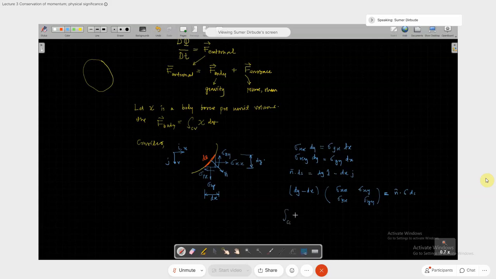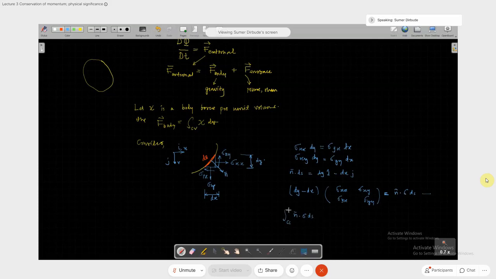Control surface, because n dot sigma ds is a surface phenomenon. This is for one surface, just one element; for the complete surface, the total will be the integral of n dot sigma ds.